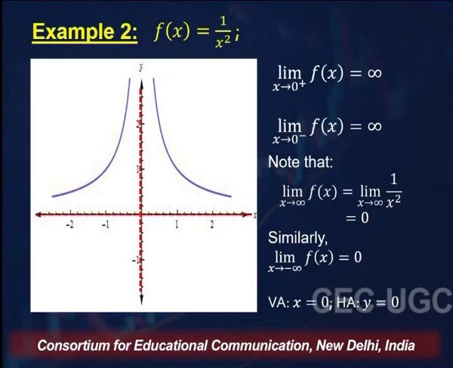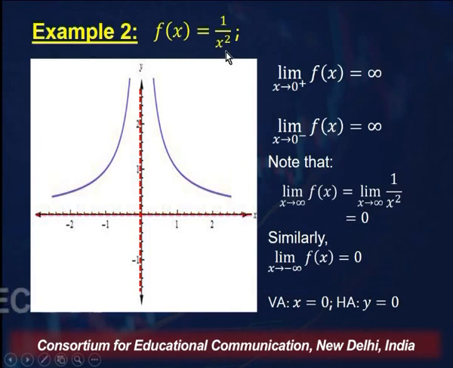That's a simple one where the function is 1 by x squared. Okay, so let's explore the asymptotes for this particular function. As far as the vertical asymptote is concerned, here you can see that we have a 0 for x equal to 0 in the denominator, and it's quite clear that, because it's an x squared in the denominator, it doesn't matter whether x approaches 0 from the right or from the left. Regardless of which direction x approaches 0, the function tends to infinity.